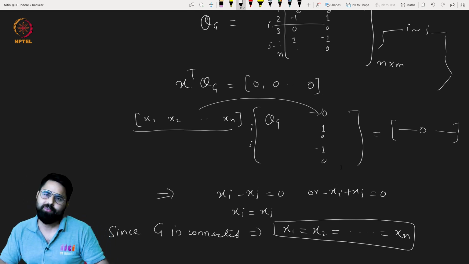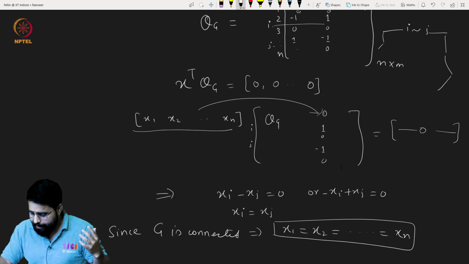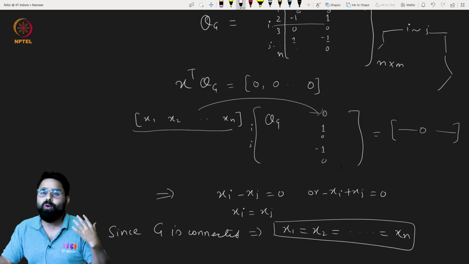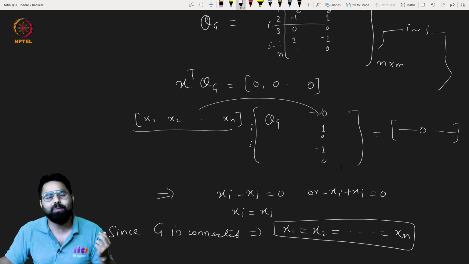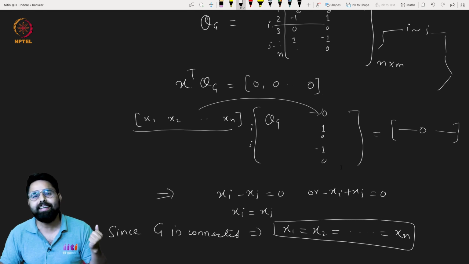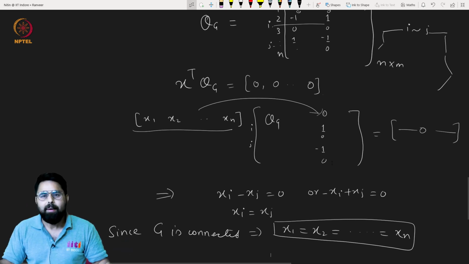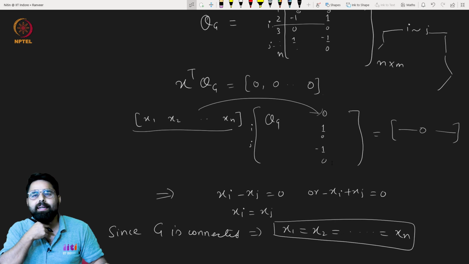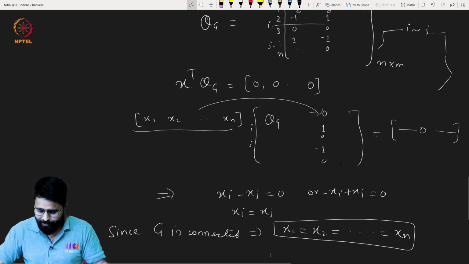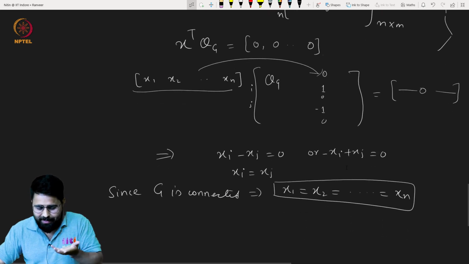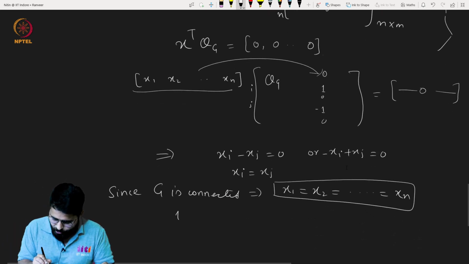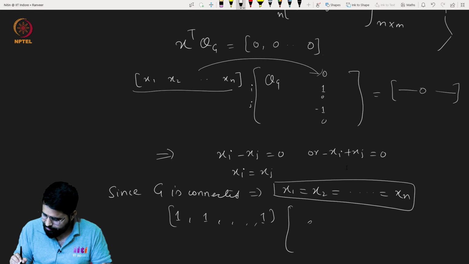Now what we need to find is, basically at most one linearly independent vector is there, but can we find one linearly independent vector? If you look at it carefully, it is very clear that if you just take the all one vector, 1 1 1, and multiply it with QG, this is indeed giving you 0.